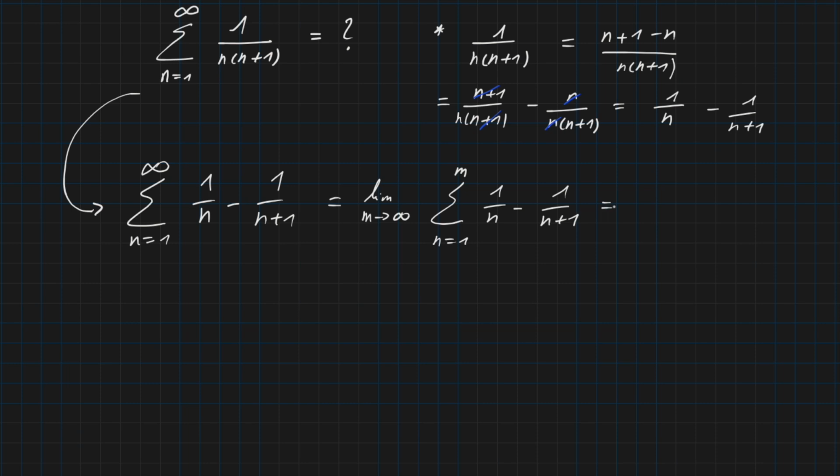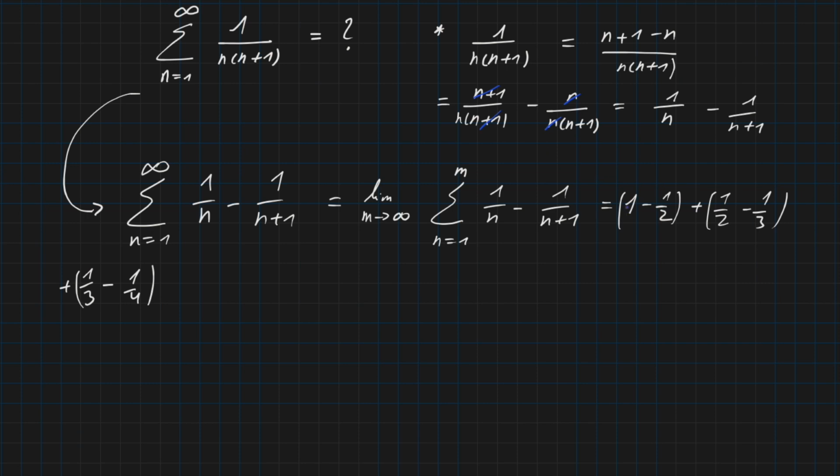And by writing this out, you will see an interesting property of the so-called telescoping series. So we have the first addend, which is 1, and then we have minus 1 over 2. So this is the first addend of our infinite series. And then we have plus 1 over 2, minus 1 over 3. Let's continue here, plus 1 over 3, minus 1 over 4, and there you can see a pattern.